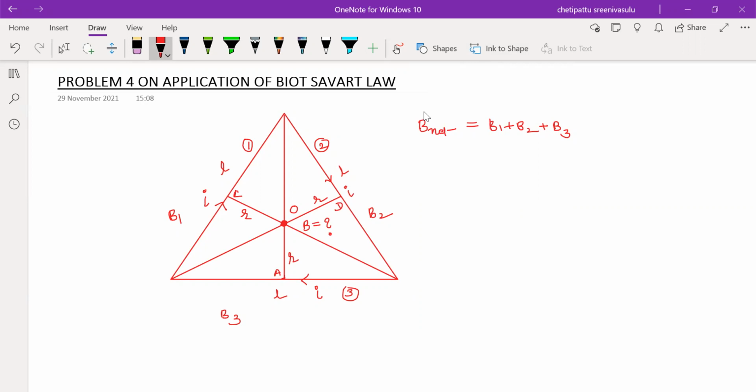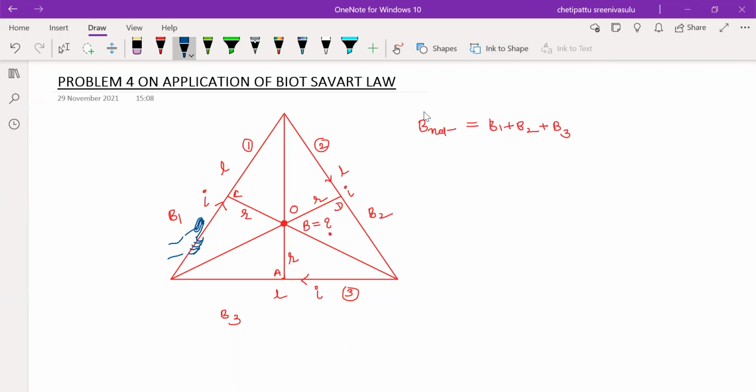Now, what is the direction of the magnetic field due to the first conductor?